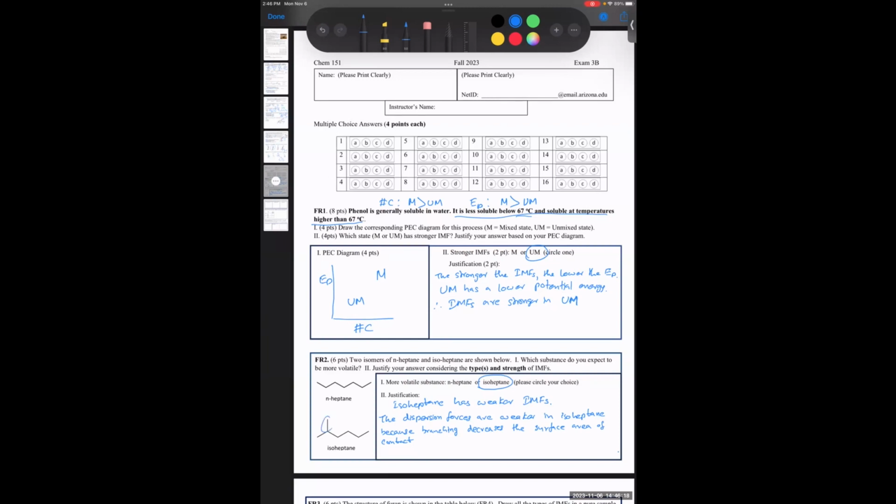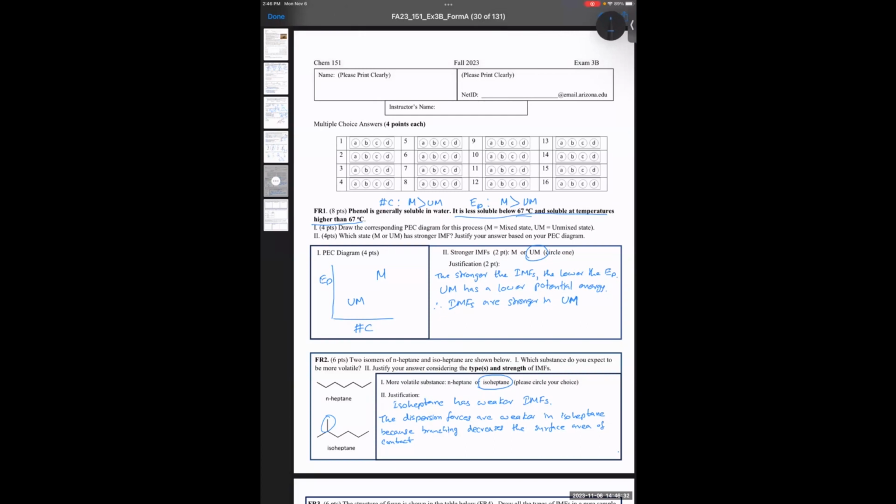This branching over here, or this thing sticking out from the main molecule, acts as a barrier for the molecules to come closer to each other, and that's why the intermolecular forces are weakened in isoheptane compared to heptane, even though they have the same number of atoms.